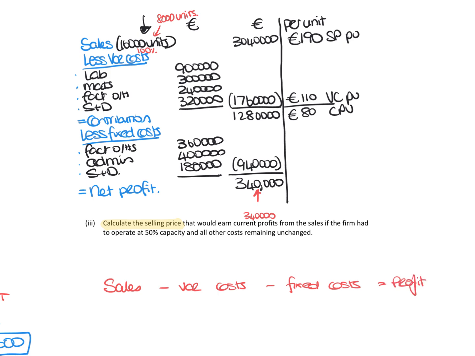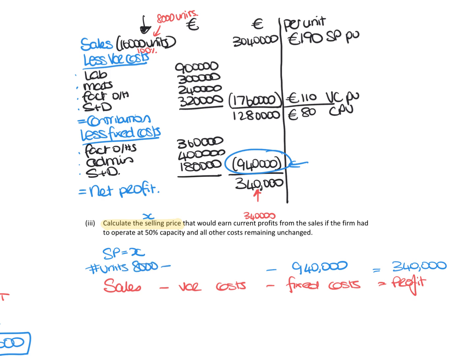Okay, now we know that the profit is going to be 340,000. Okay, we know that the fixed costs are going to stay the same, 940, so no change there. The selling price we don't know, so we'll make that X. The number of units has changed, it's 8,000 units.